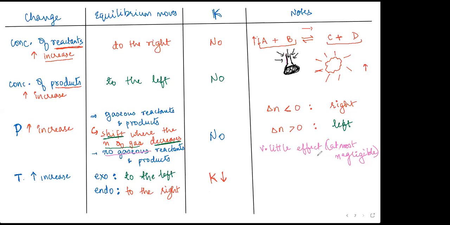This is based on the formula that we discussed yesterday: delta G equal to minus 2.303 RT log K, right? So it's a logarithmic relation. Overall, both of them are inversely proportional. As temperature increases, the value of K decreases.